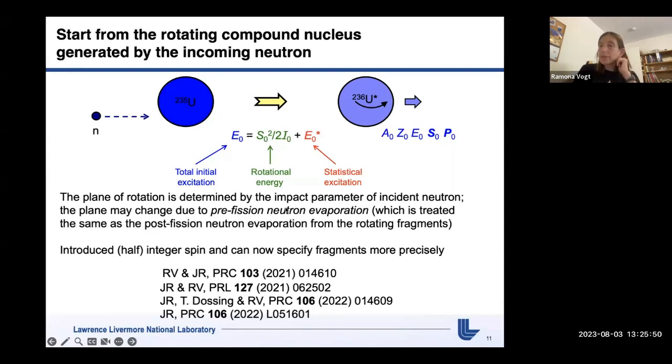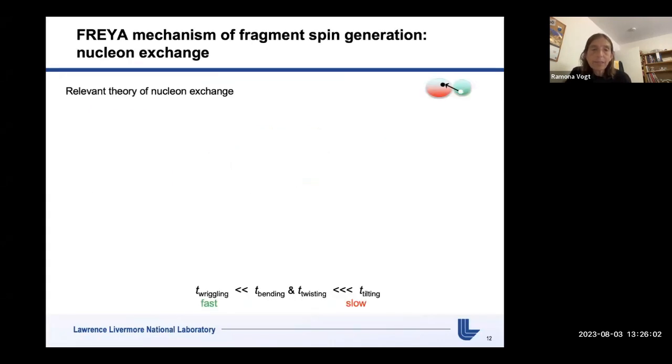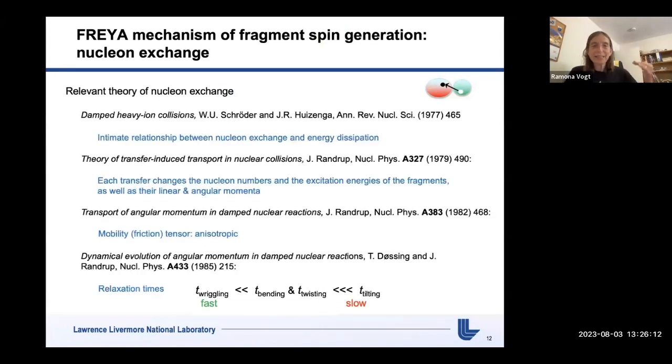Okay, so there are a bunch of papers on FREYA describing what's going on in terms of angular momentum and different observables that you can see here. So in FREYA, the mechanism of fission spin generation is nucleon exchange.